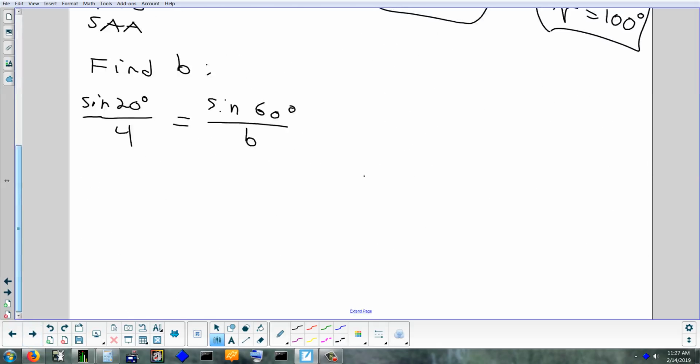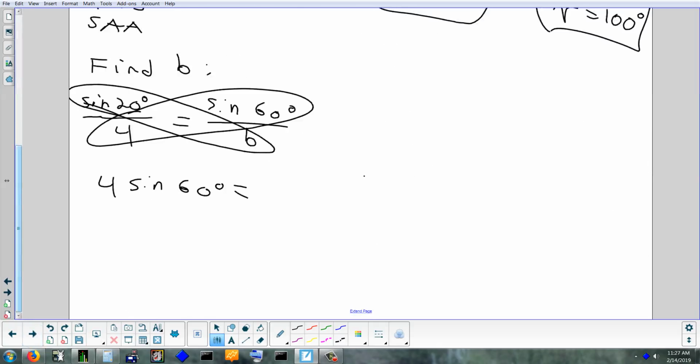How do we solve a proportion? What do you have to do? Yeah, we cross multiply. So we've got 4 sine 60 equals B sine 20. Now I've got one step left to get B by itself.